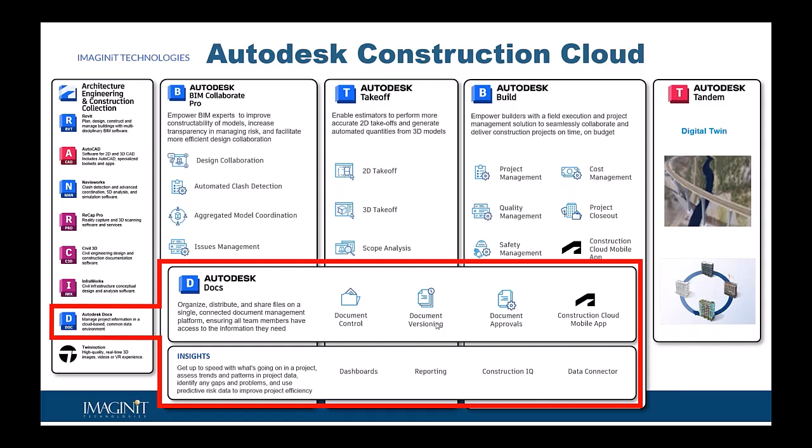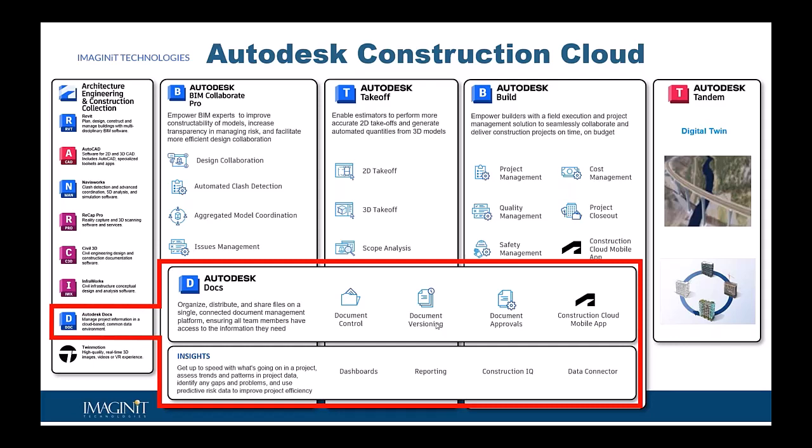Also, you can have approvals, so there can be workflow diagrams for approving documents. And the mobile app allows people out in the field to push data right back into this common data environment, whether they're taking photos out in the field or whatever. You can push that information directly back and have access to it in the field right on your phone. I think that's a really key thing. And then you have the dashboards, right?